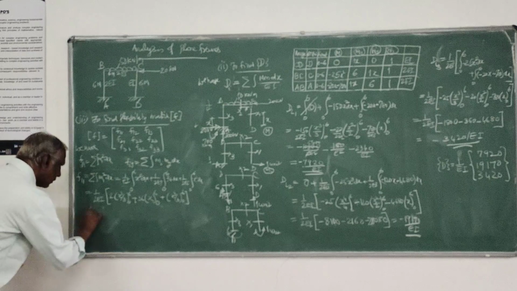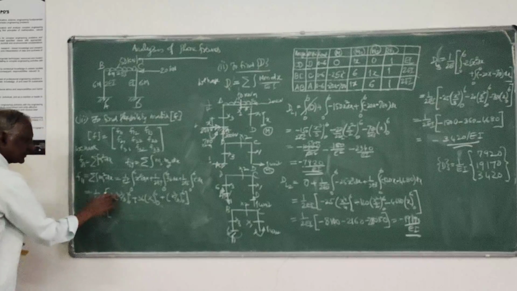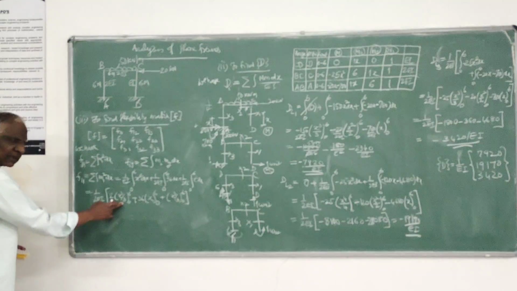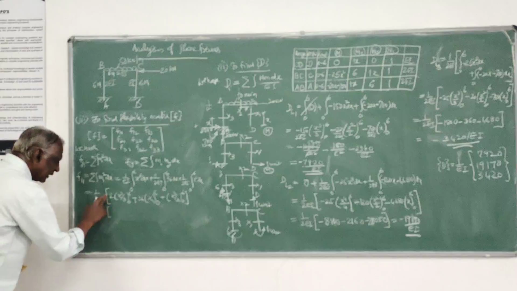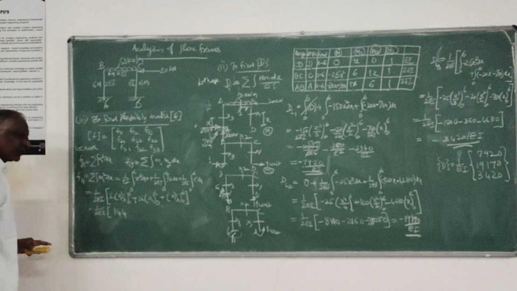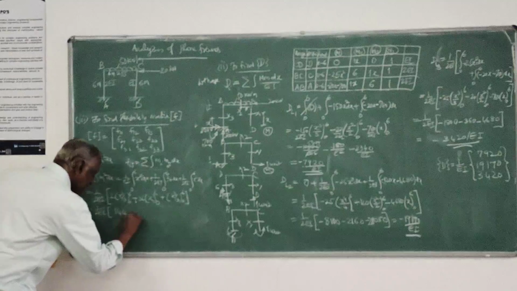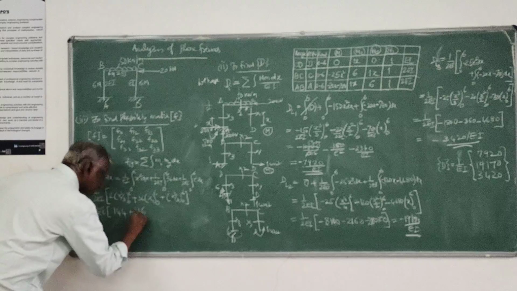So this is 1 over 2EI: 6 cube is 216, divided by 3 is 72, and into 2 is 144. Then here 6 into 36 is 216.